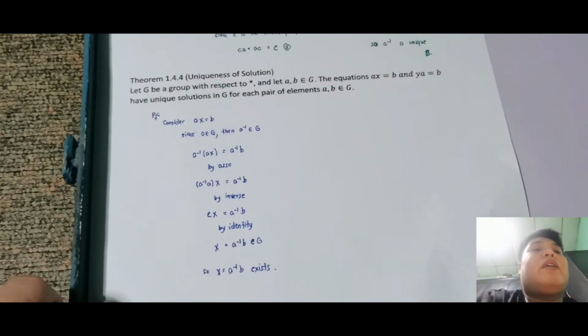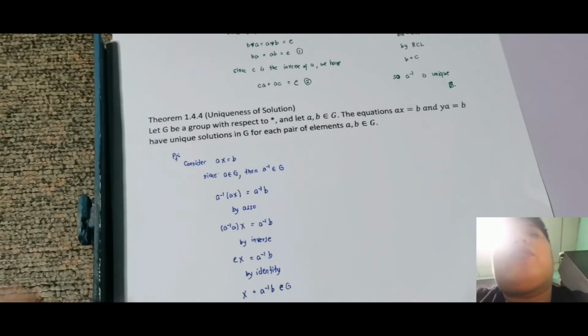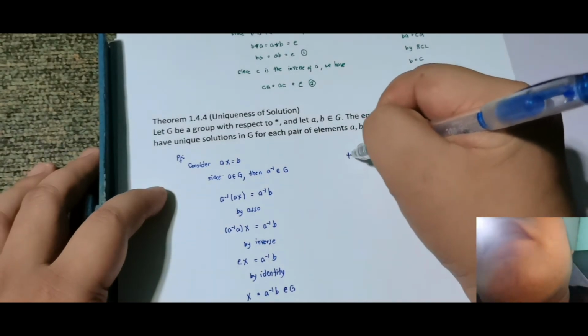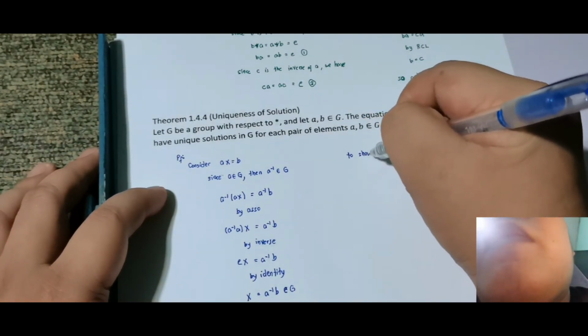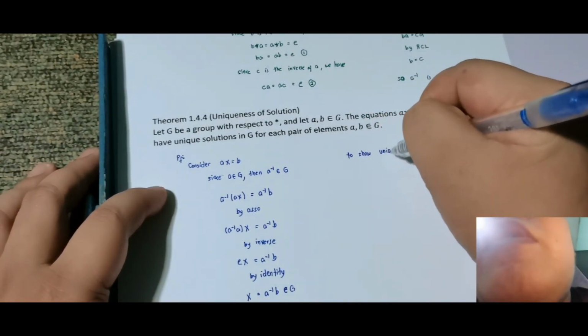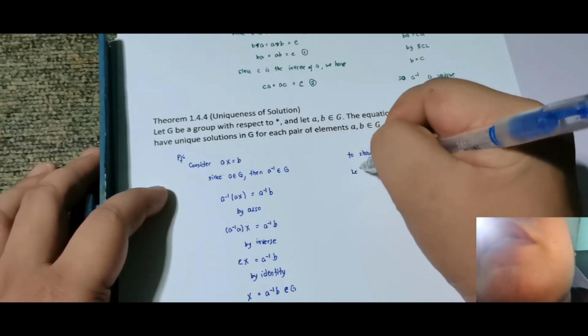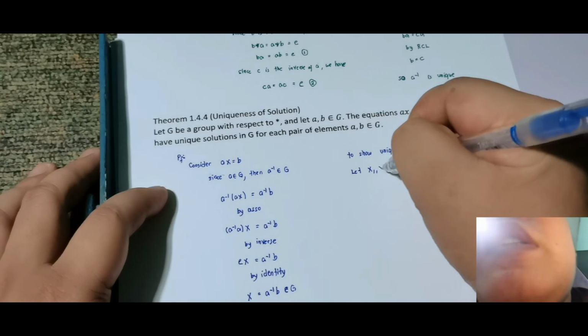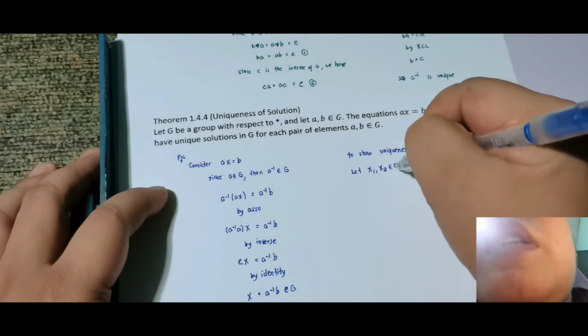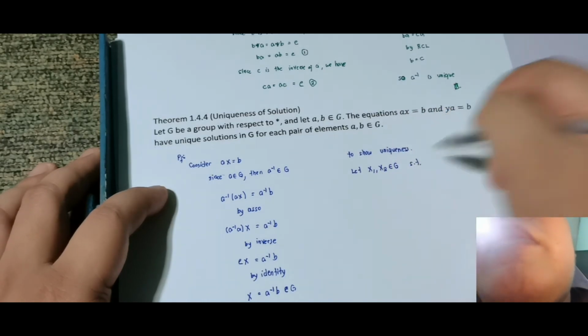Okay, now, proceed tayo by uniqueness. So, to show uniqueness of solution, let x sub 1 and x sub 2 element of G. So may dalawang bagay.